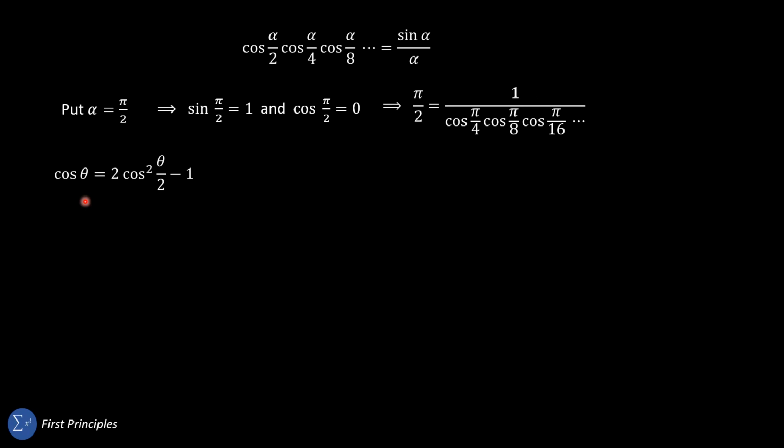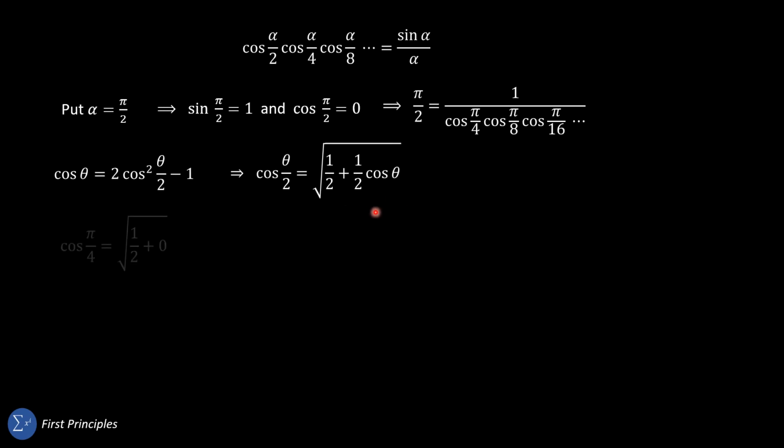So instead of cosine of 2 theta, I just put cosine of theta and I get this formula. Now with simple algebraic manipulation, you calculate from this formula cosine of theta divided by 2 by simply bringing this 1 to the other side and taking the square root, which will give you this.